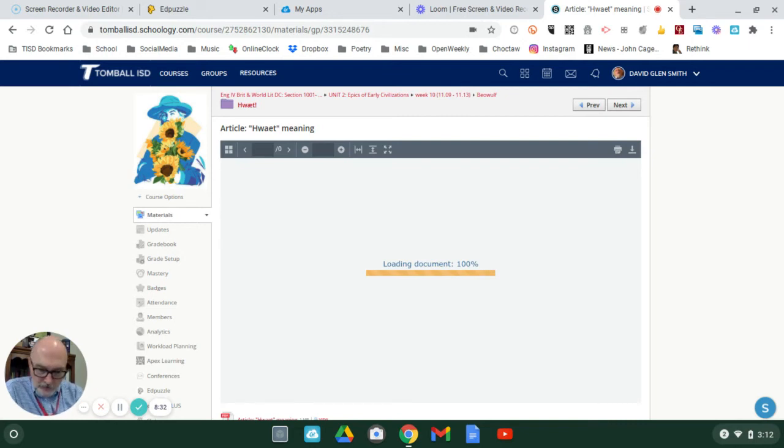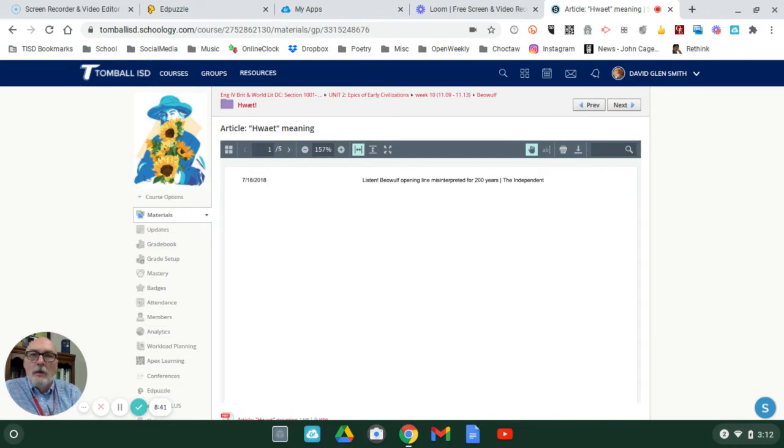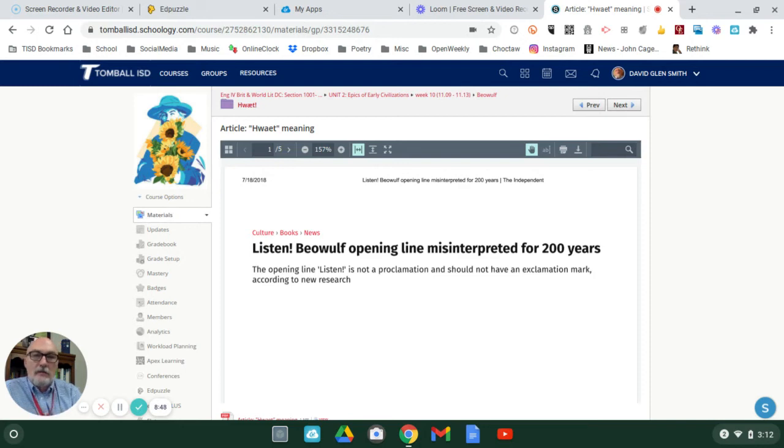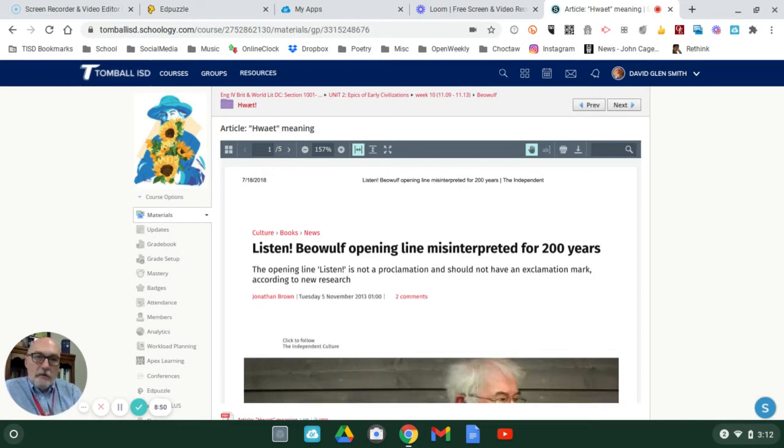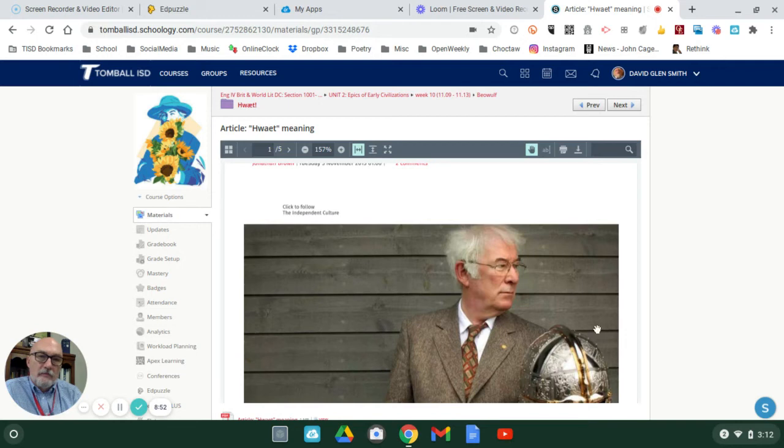In fact, when you look at the Seamus Heaney version, he translates it simply as the word "so." In a second, I'll show you four different versions of the text. So I have an article here, and here's a picture of Mr. Heaney.